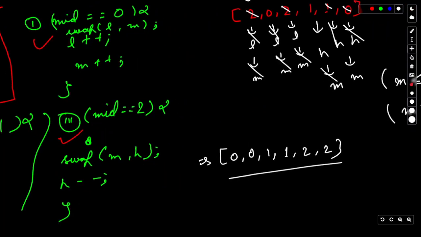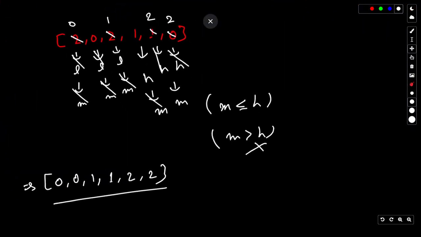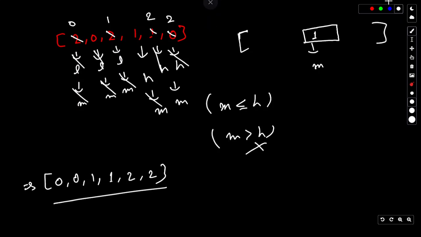Let me give you a visualization of what is happening here. Within the array, mid will take all the values of ones, high will take all the values of twos, and low takes all the values of zeros.